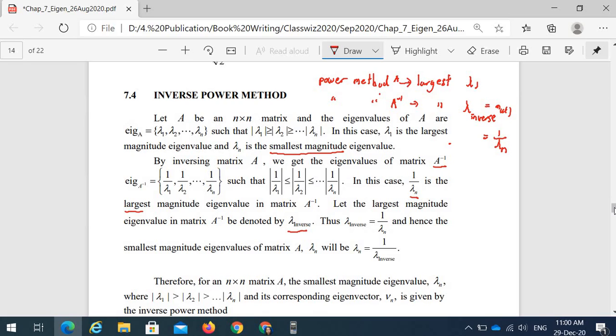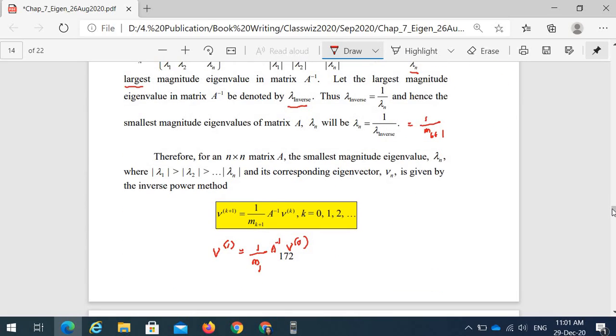So lambda n is 1 over lambda inverse, or 1 over m(k+1), and its corresponding eigenvector will be v at step k+1. This is the power method; the only difference is that matrix A is replaced by A inverse. So you have A inverse multiplied by v at step k, and m will be at step k+1.